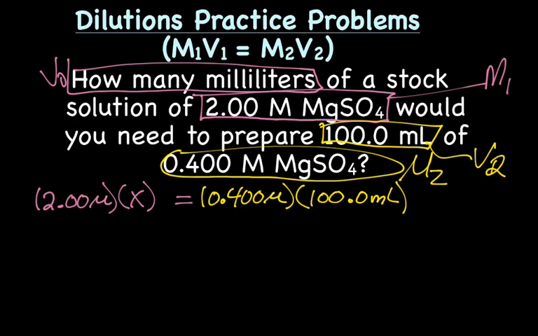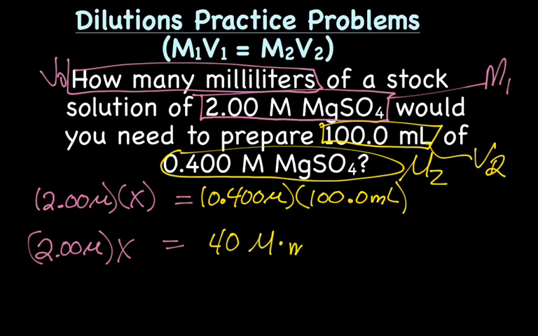All right, so if we do a little bit of math here, on this side we'll still have 2.00 molar X equals 0.4 times 100. That's going to give us 40. We'll deal with our sig figs later. That's going to give us 40 molar milliliter.